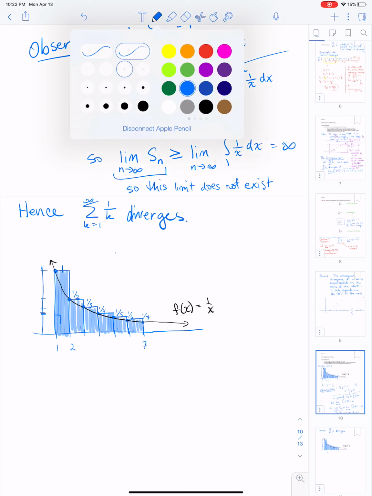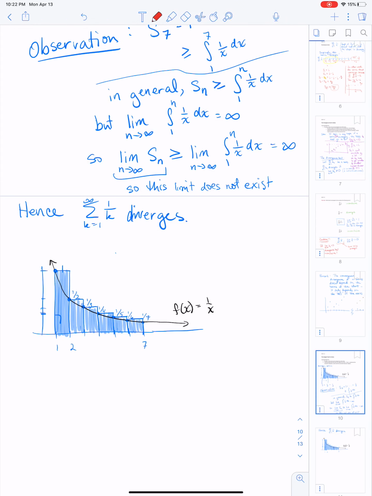Notice that if we had drawn the boxes to the opposite side, so that the boxes use the right endpoints, if this is a decreasing function and I draw the boxes in this way, much like we saw with Riemann sums, all the boxes will be below the curve.